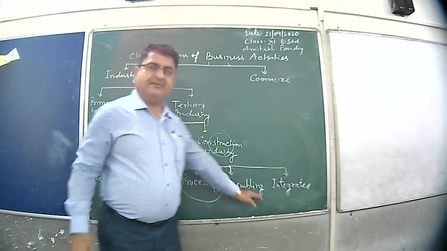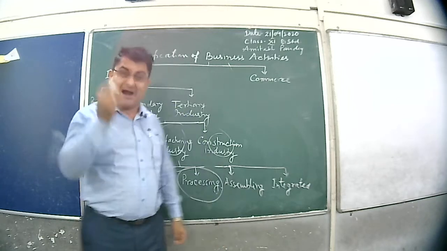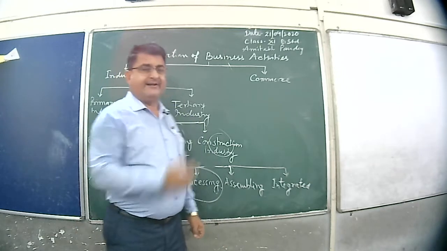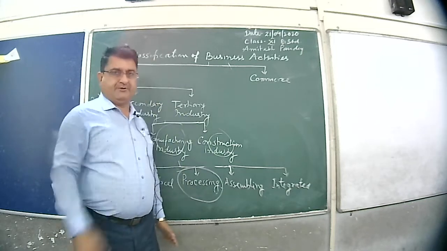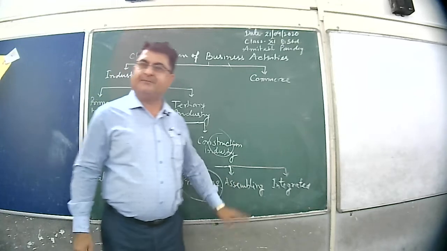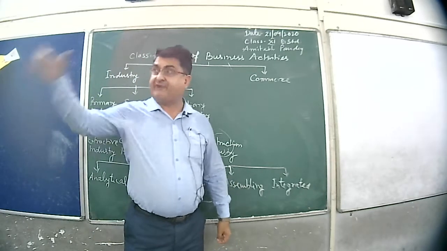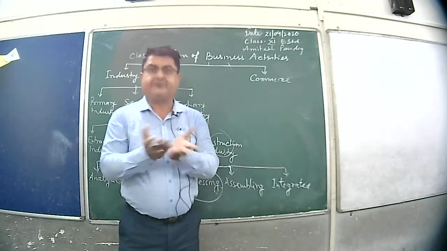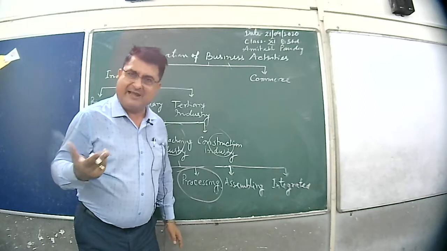But under assembling, various parts of a finished product, parts of a main entity, get assembled together for producing output. Most automobile manufacturing entities follow the assembling process, where different parts are sourced from different vendors and then assembled together for getting a finished product, an automobile.